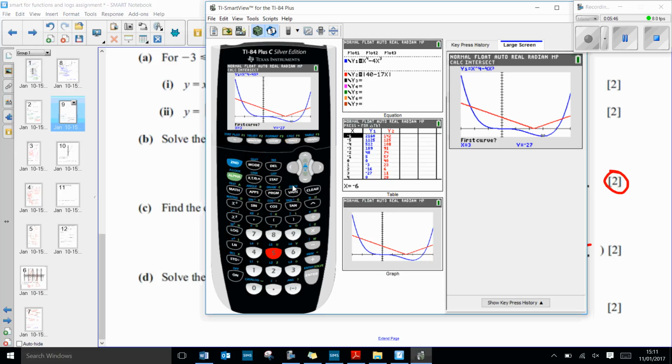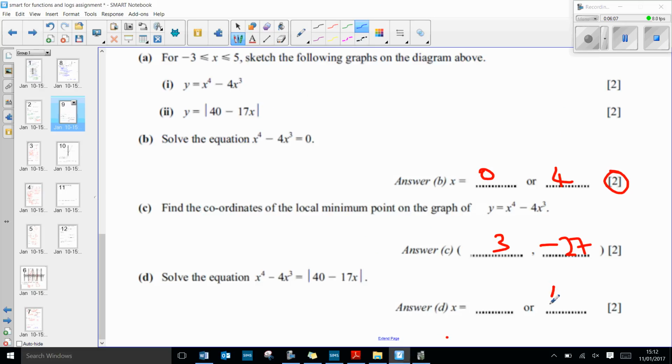Seeing as we're over here, we may as well do this one first. So be close to the point you want to do. That says first curve, so it's on the blue curve. Press enter. It now jumps to the red one automatically. Enter. And this 4.41 is one of them, because we ran to 3 sig fig.